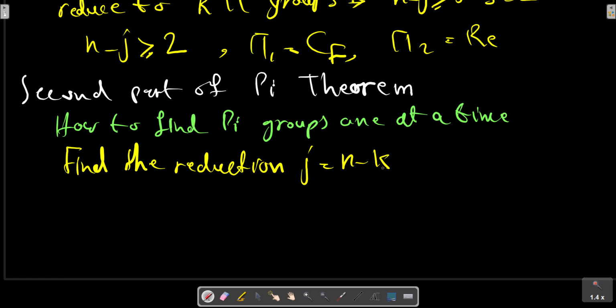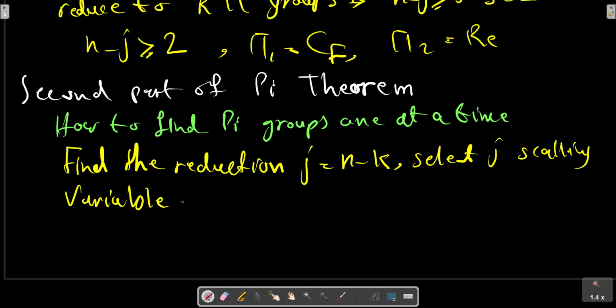Select j scaling variables that do not form a pi among themselves.